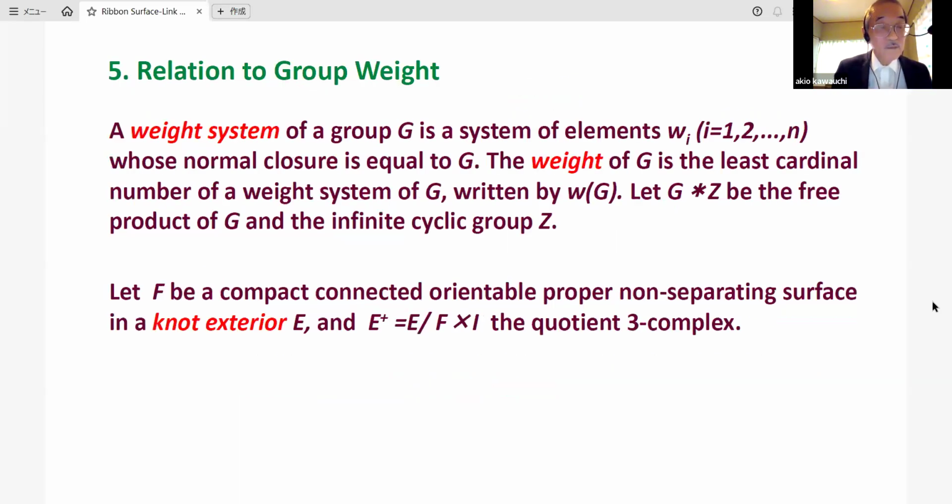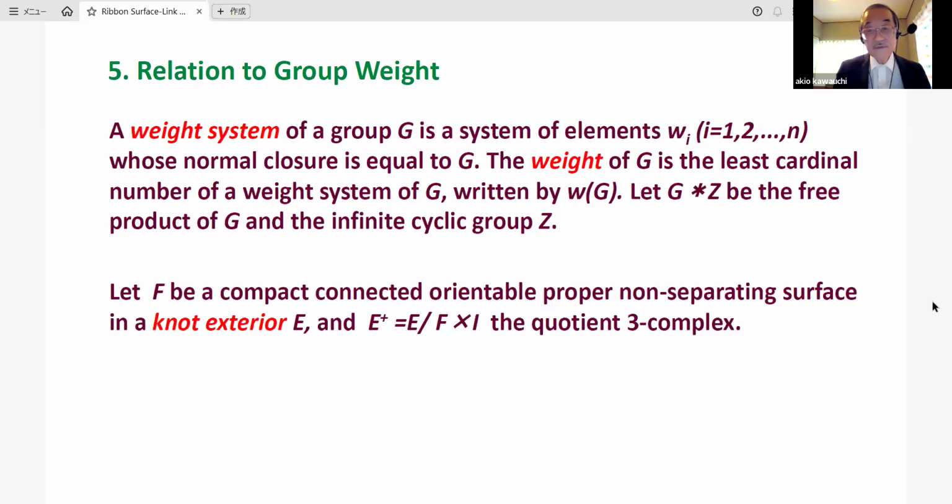Next, a weighted system of a group G is a system of elements w_i whose normal closure is equal to G. The weight of G is the least cardinal number of a weighted system of G, written wt(G).